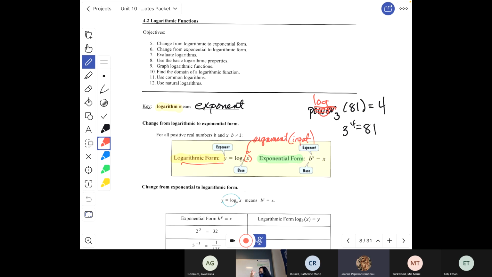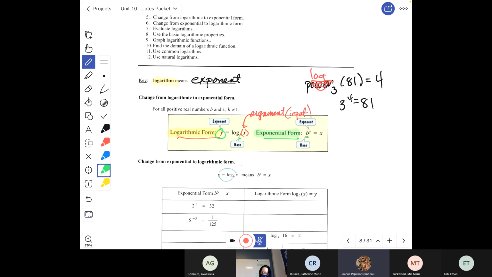I can convert that, just like you noticed with those examples, to exponential form, where I take this little base b, that becomes the base that we raise the exponent to, and that's going to equal the argument. So we have to be comfortable going from logarithmic form to exponential form and vice versa. So let's look at a few examples.